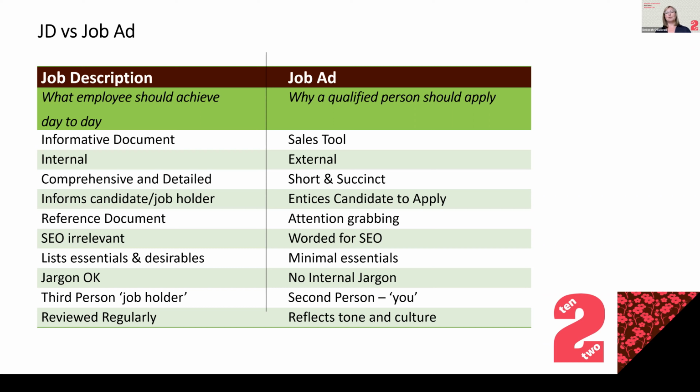So the job holder is responsible for X, Y, and Z, and your job ad will be trying to draw the reader in. So you will use the word you a lot. As a successful candidate, you will be da, da, da, da. And as we talked about earlier, you will review your job description regularly. The job ad is a very short-lived thing, but it should reflect the tone and culture of your organisation.